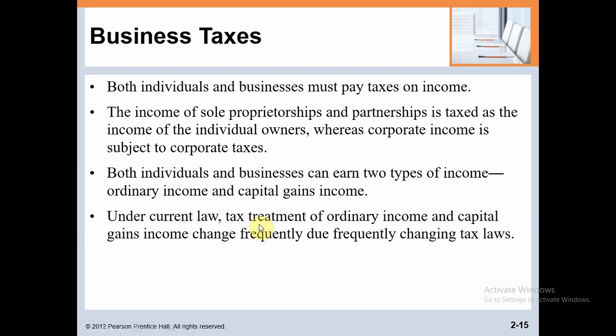Under current tax law, the tax treatment of ordinary income and capital gains income changes frequently due to frequently changing tax law. Over time, most countries follow democracy, and every 5 years the government changes. So every government introduces a new taxation policy, and it also depends on their country's situation.